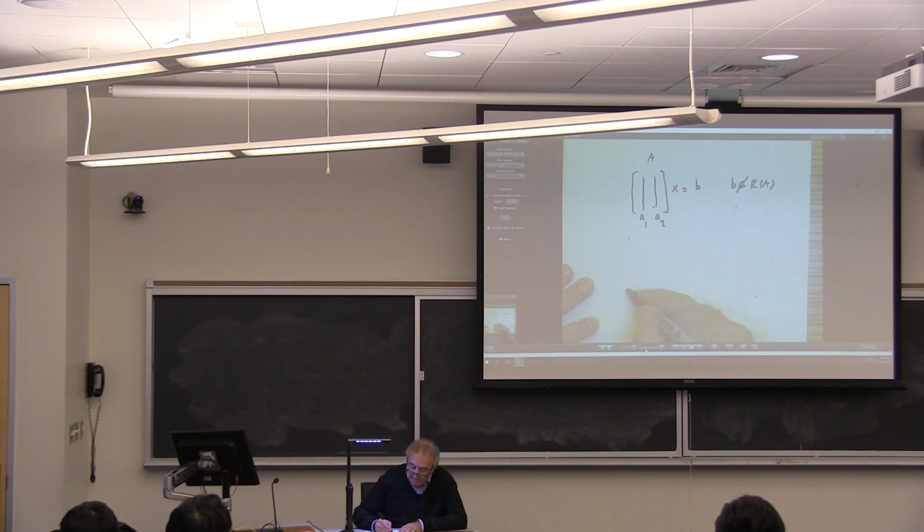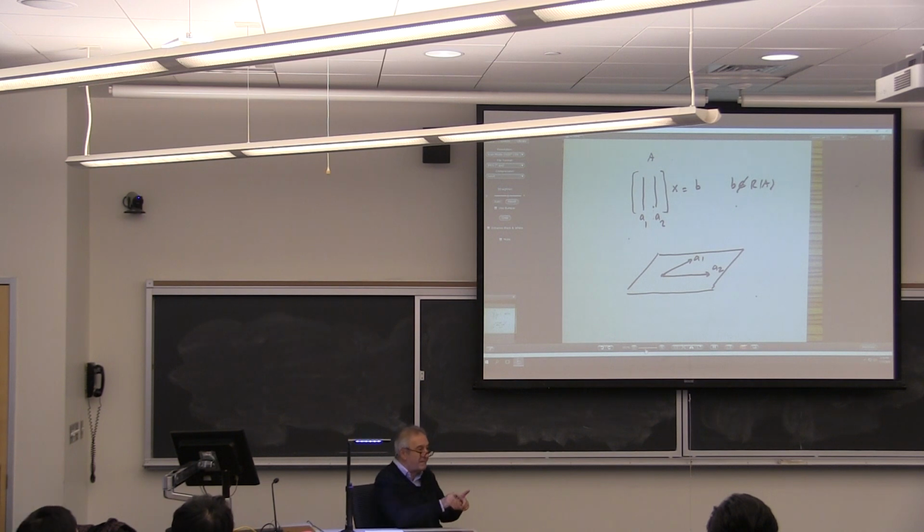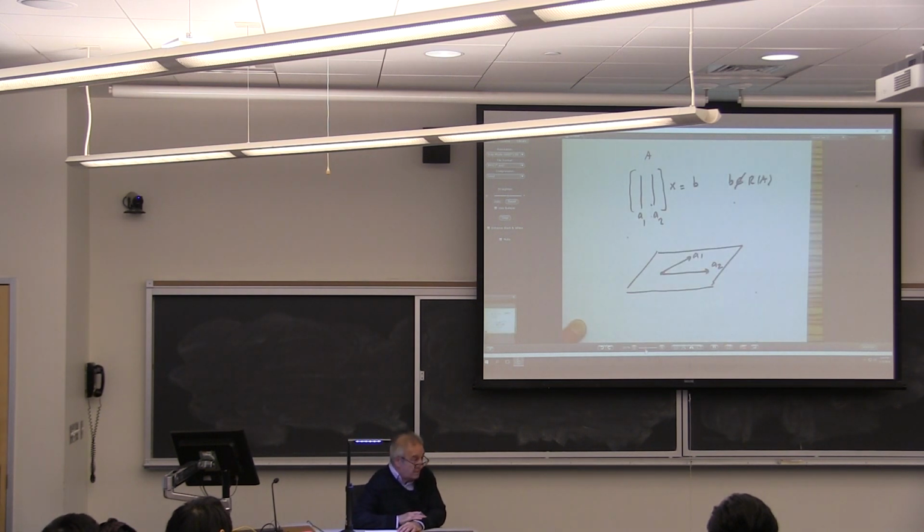So we have a plane like that, okay? Now, what happens is this, that A1 and A2 lie on this plane, like this. You can imagine that, because A1 and A2 can generate a plane in a three-dimensional space, right? Just imagine that A1 and A2 each have three components, okay?